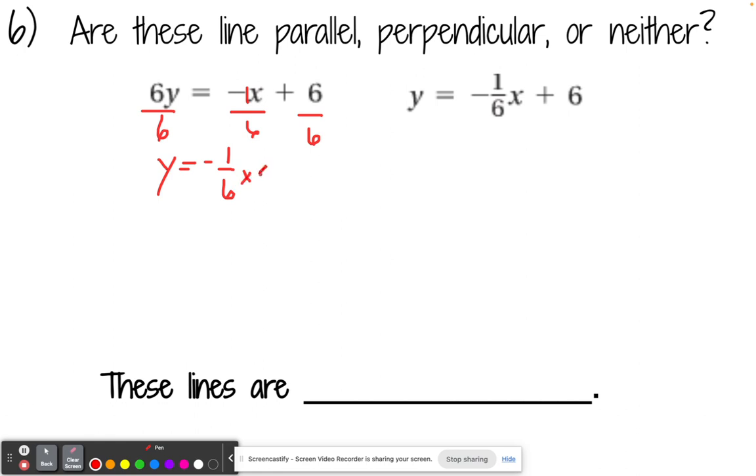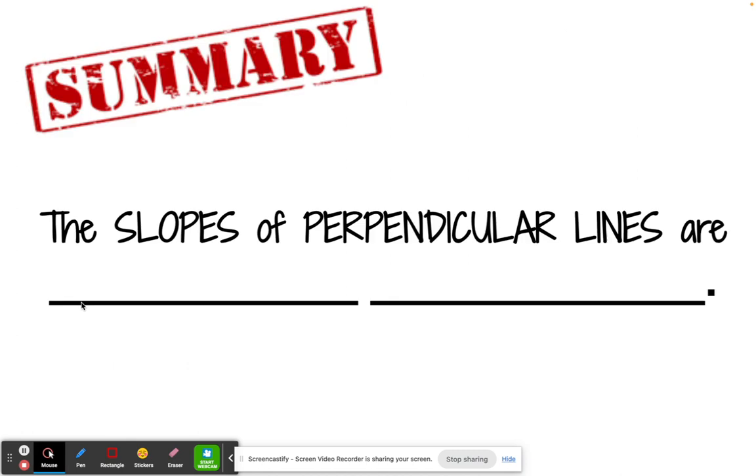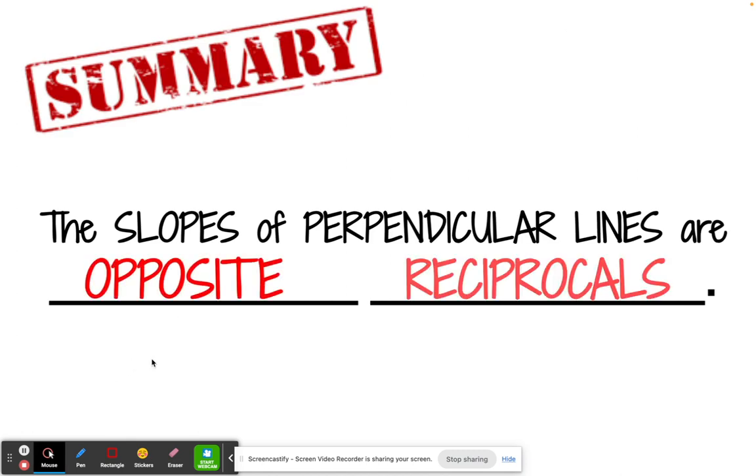My y-intercept will be 1. Let's look at our slope. I have negative 1/6. And over here, I have negative 1/6. These lines are parallel. They have the same slope. So remember, slopes of perpendicular lines are opposite reciprocals. And that's it. Have a great day.